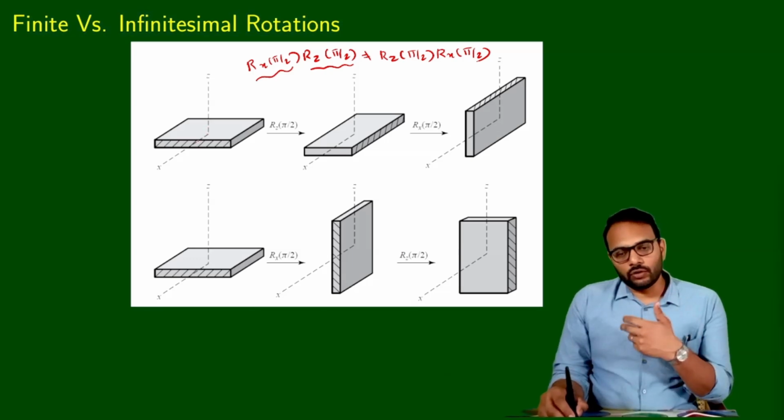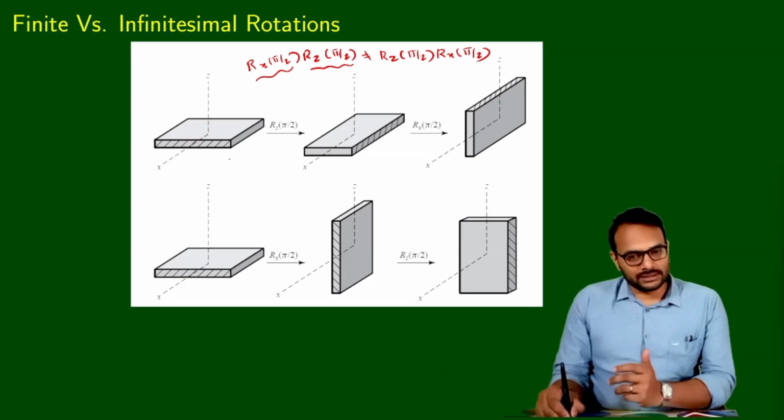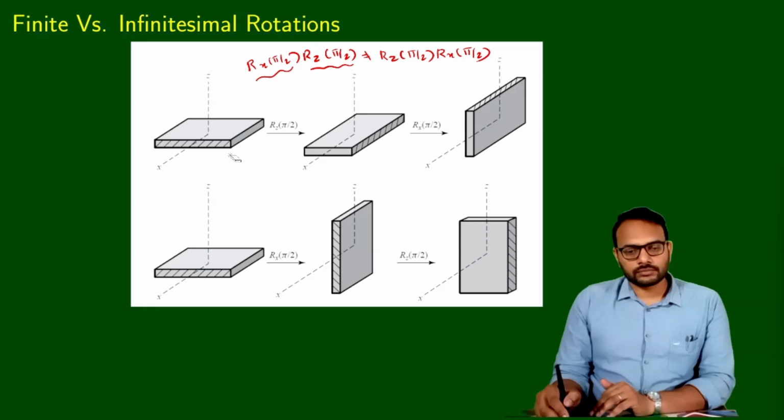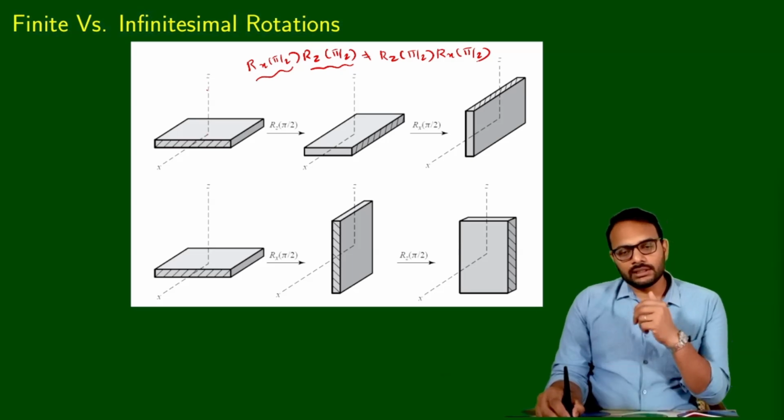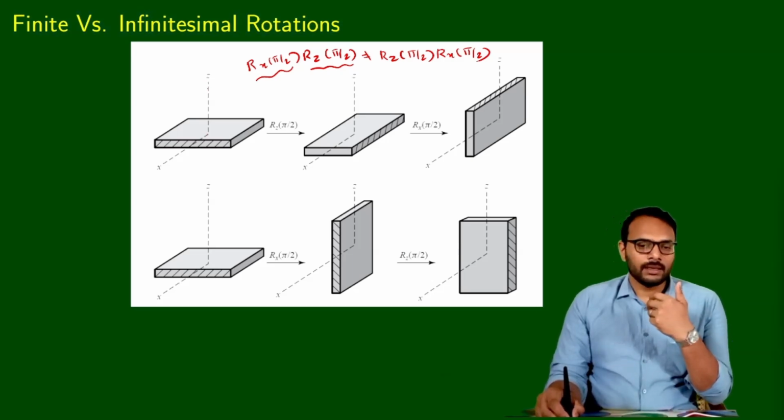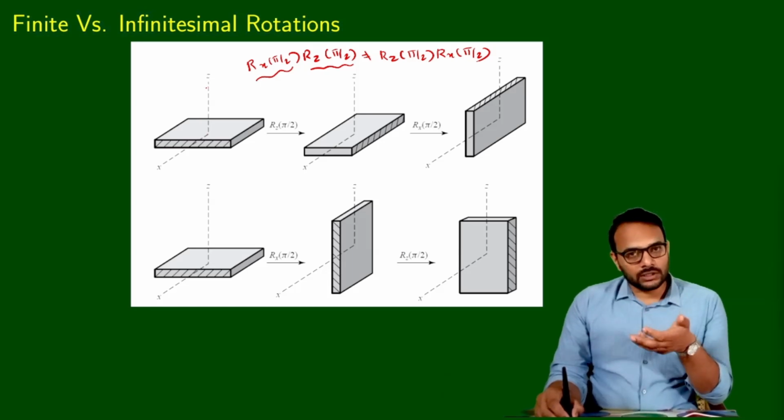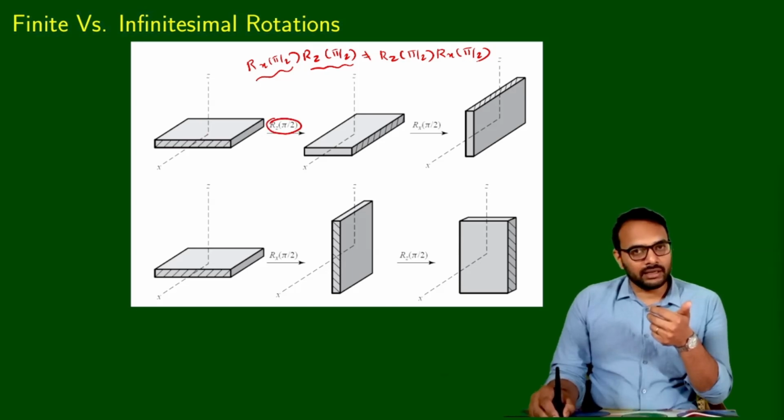Let's look at an object of this shape. Now first you make a rotation about the z-axis. This is the z-axis here. And the convention we are using is that the positive sense of rotation is the rotation in the counterclockwise direction. So the first rotation here is about the z-axis by an angle pi by 2 in the counterclockwise direction.